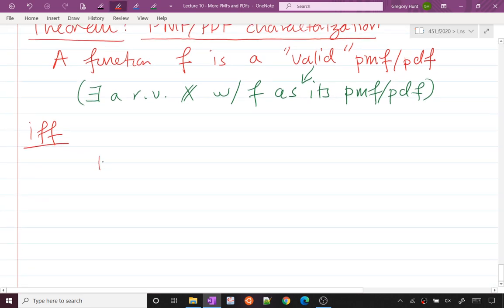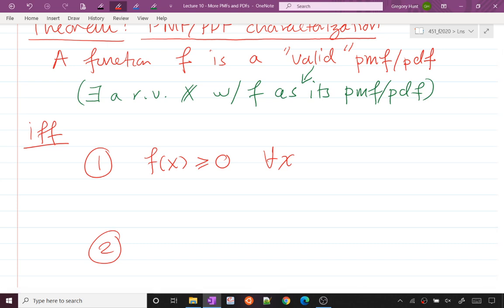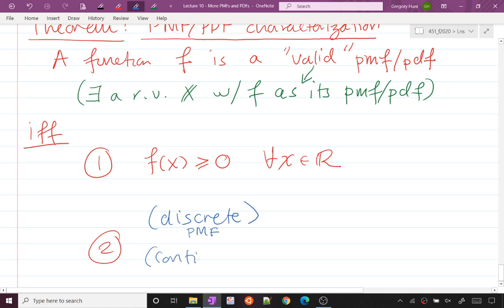Okay. So this is actually a simpler theorem than the CDF case. And there are two things that have to be true. The first one is that the function has to be positive or non-negative. It could be 0, but it cannot be negative. The second condition, we're going to break into two cases, depending on if we're talking about a PMF in the discrete case, or in the continuous case, a PDF.